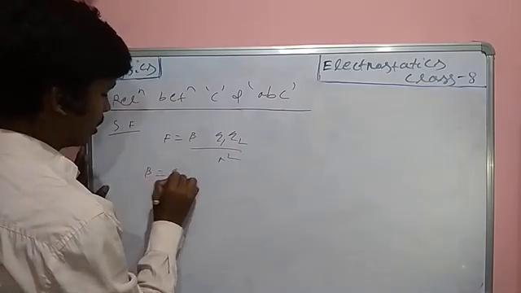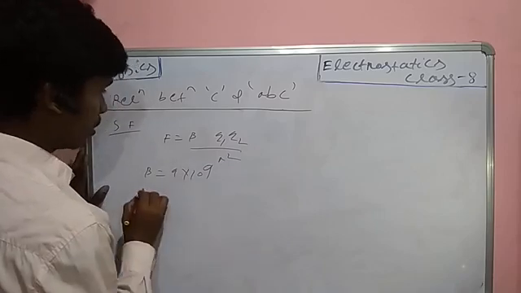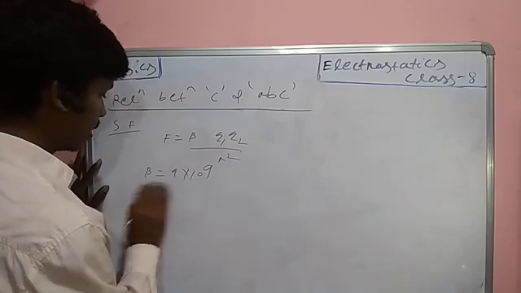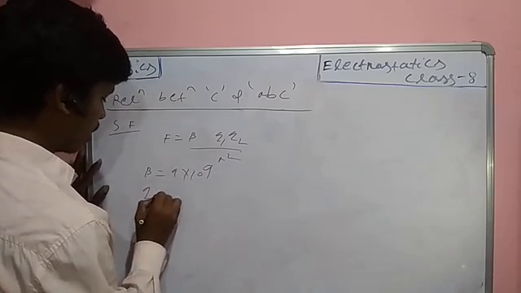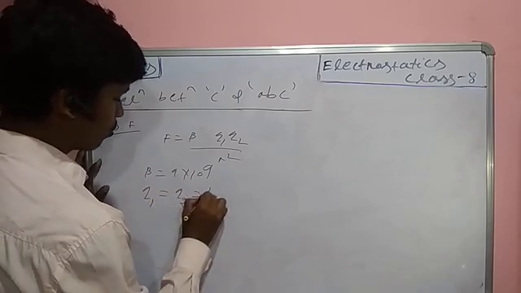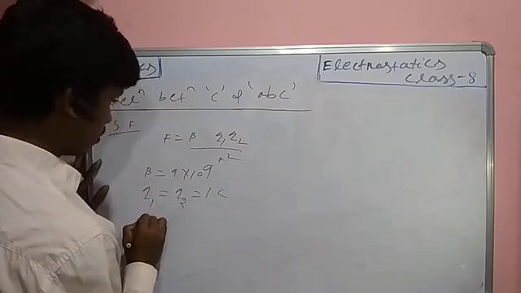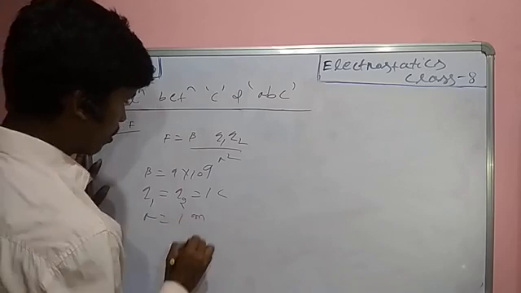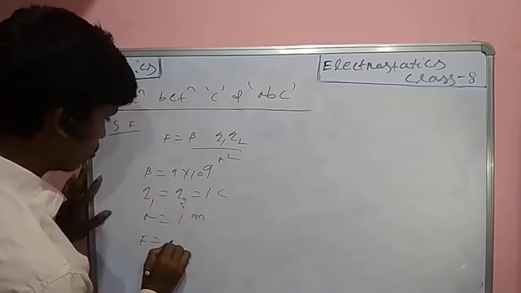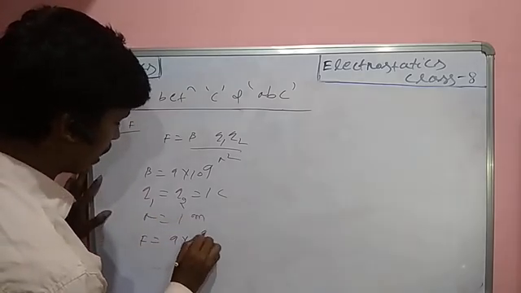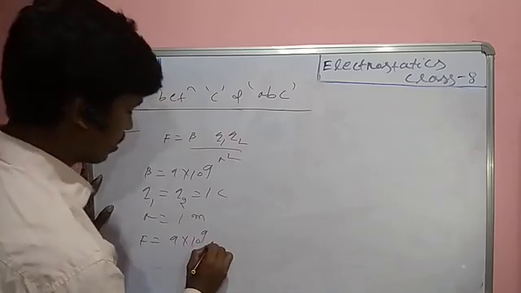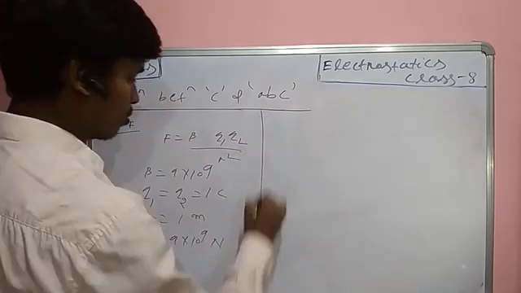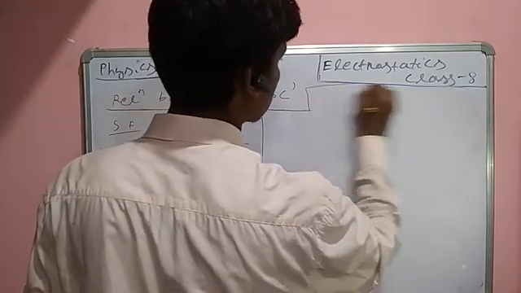Beta is equal to 9 into 10 to the 9, Q1 is equal to Q2 is equal to 1 coulomb, and R is equal to 1 meter. So F is equal to 9 into 10 to the power 9 Newton. Yes or no?